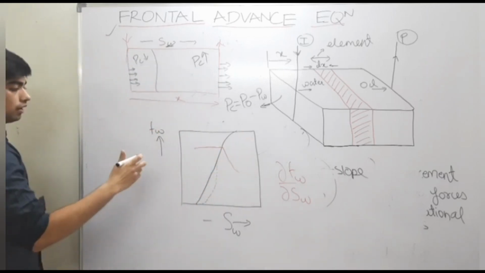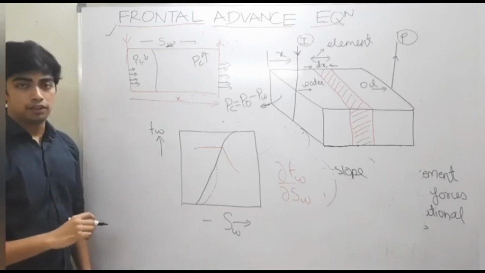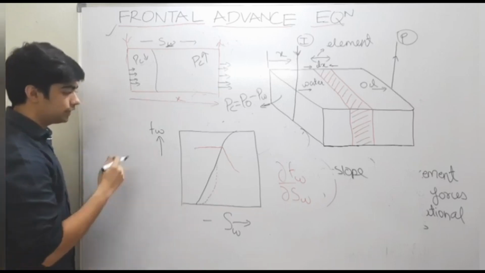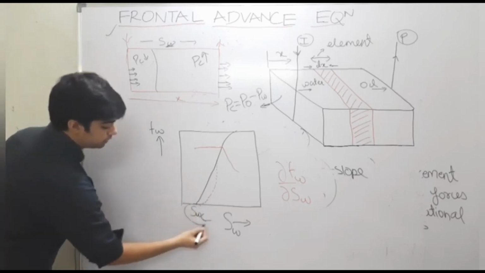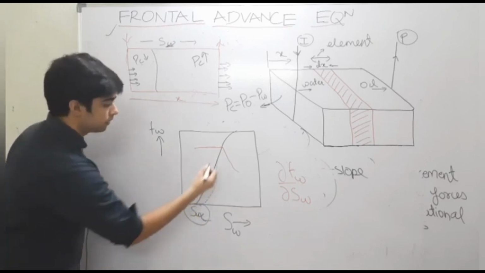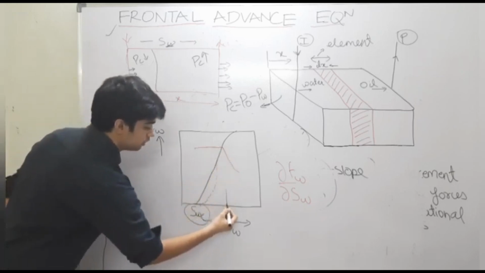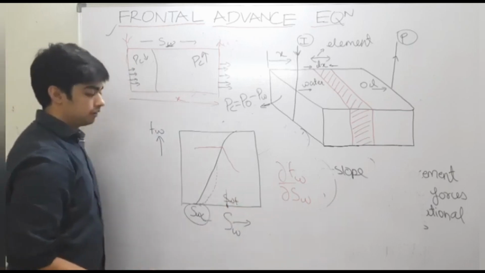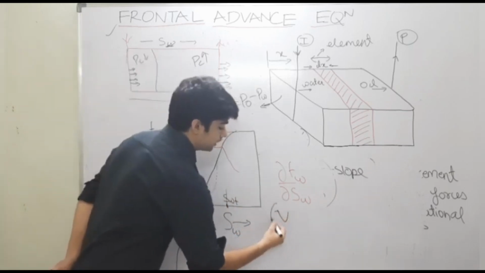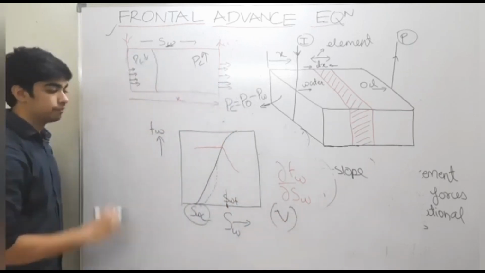Another interpretation was made by a different scientist, who said that from this saturation SWC, from where the water starts flowing, till this saturation, which is called SWF, the velocity will remain the same.